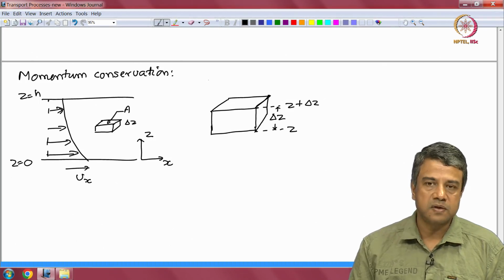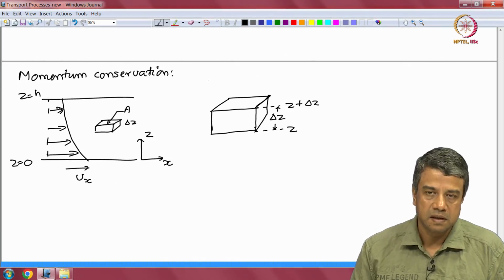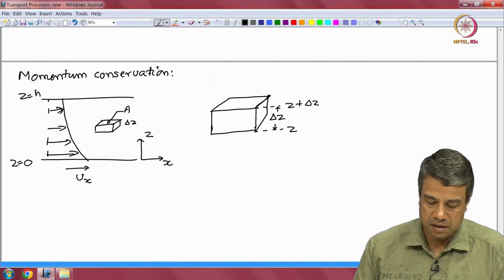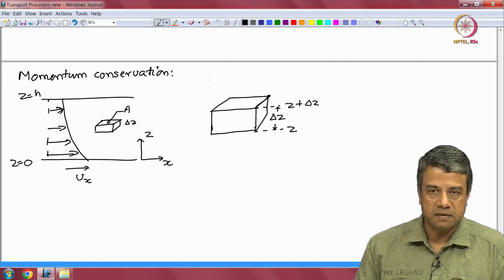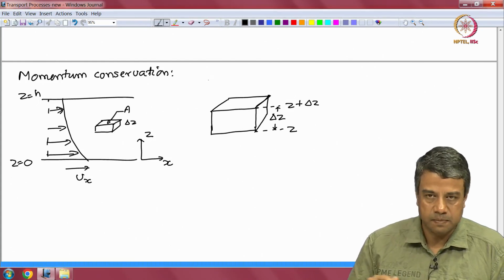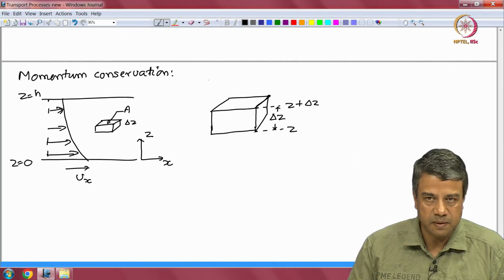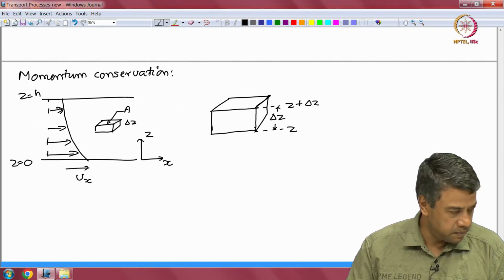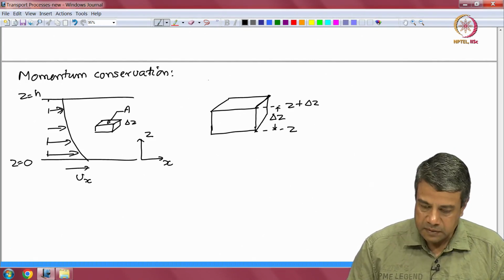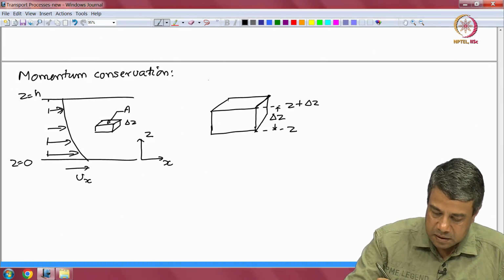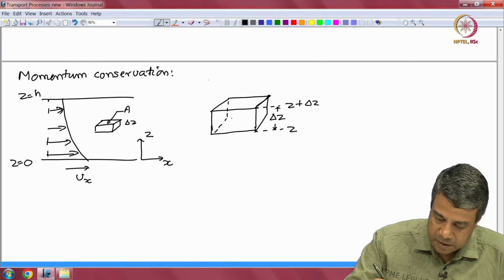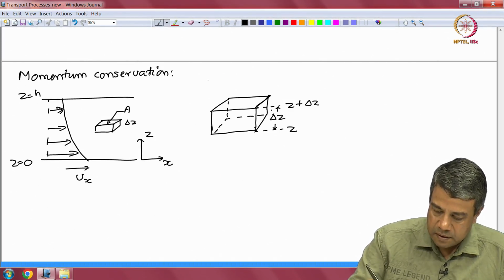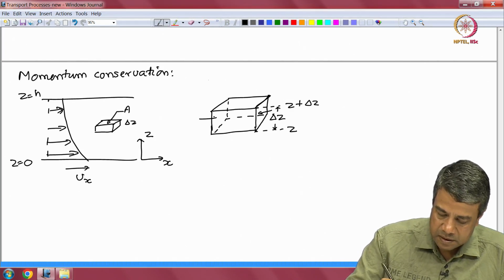So what are the forces acting on this in the x direction? Note that x is the direction of the velocity which is along the plates, and z is the direction perpendicular to the plates, which is the direction of momentum diffusion. In the x direction, in general, you will have pressure forces acting on the surfaces.